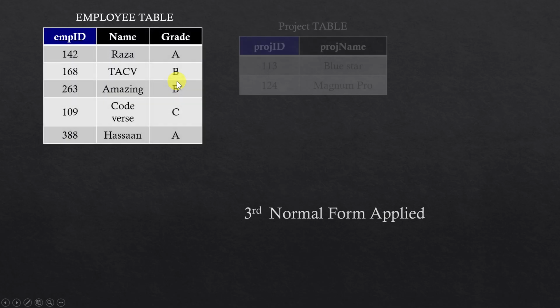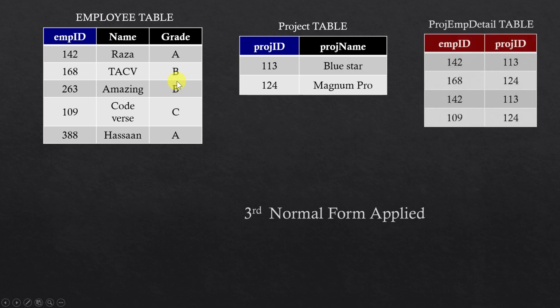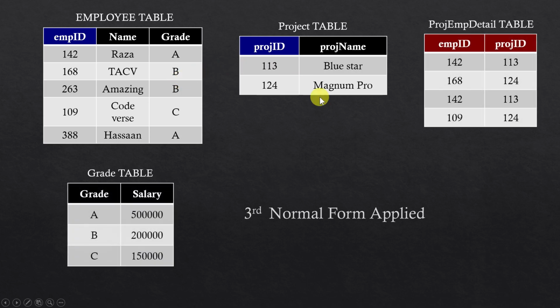So the first table, the second, the third, and now we have another table which is called the grade table. And we have the grades all over here. And in the employee table, we are saying that Raza is grade A and Hassan is grade A. If we combine both of these tables, then we will get the salary of Raza and Hassan.